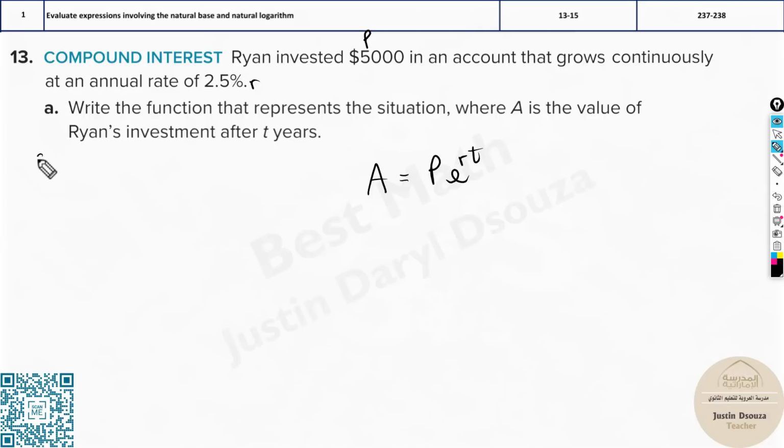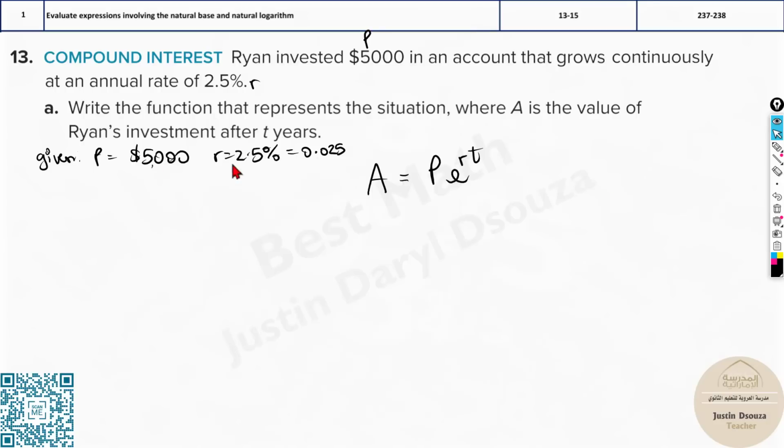So let us write the given first. Given would be P equals, it's not 2,500, it's $5,000. Next, R is 2.5%. What is 2.5%? This is 0.025. You just divide this by 100, or you can put this percent in the calculator as it is.